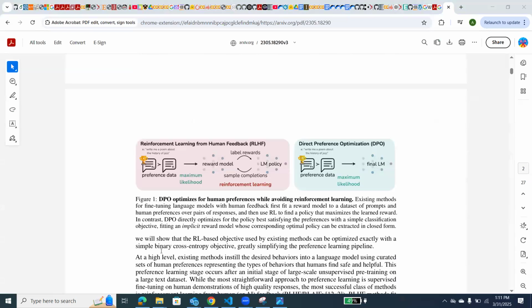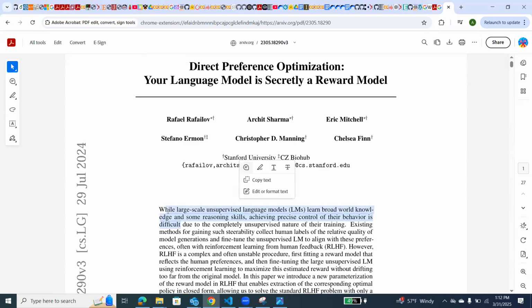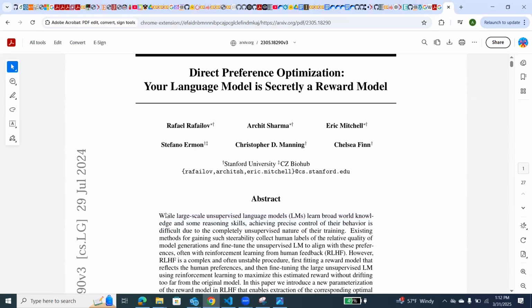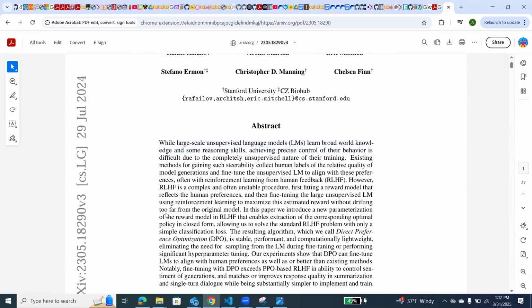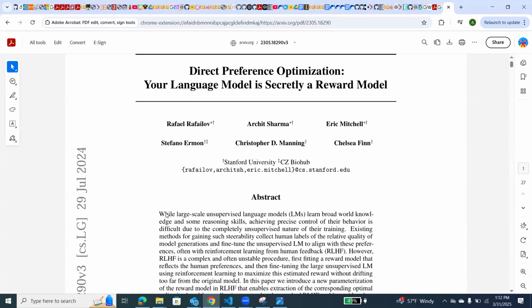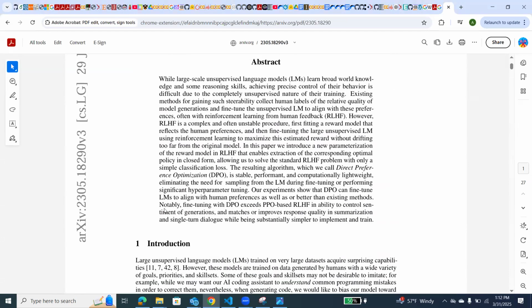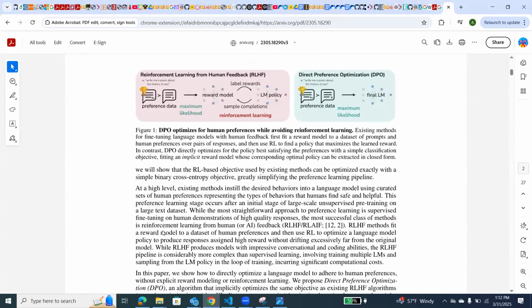So this is the paper that they used in DeepSeek, direct preference optimization. But you remember, it's still actually policy optimization if we call our model a policy.